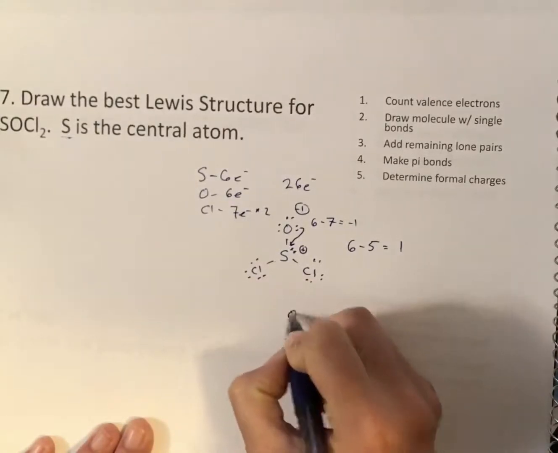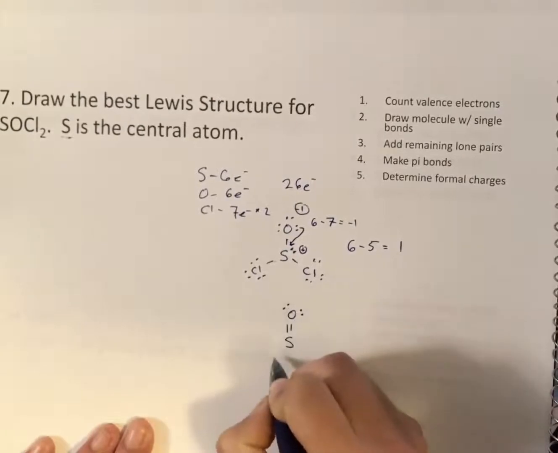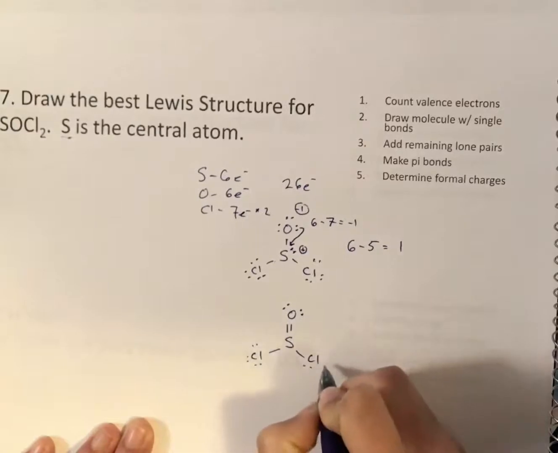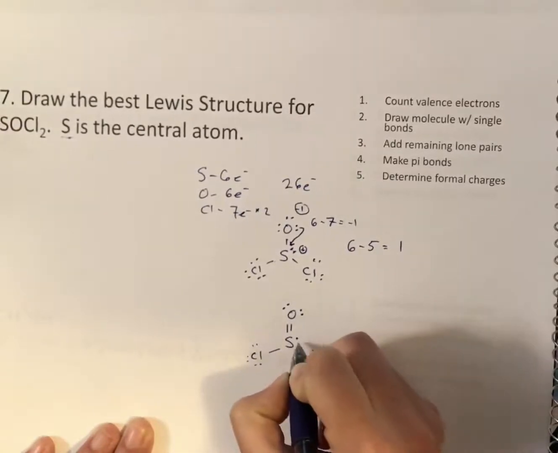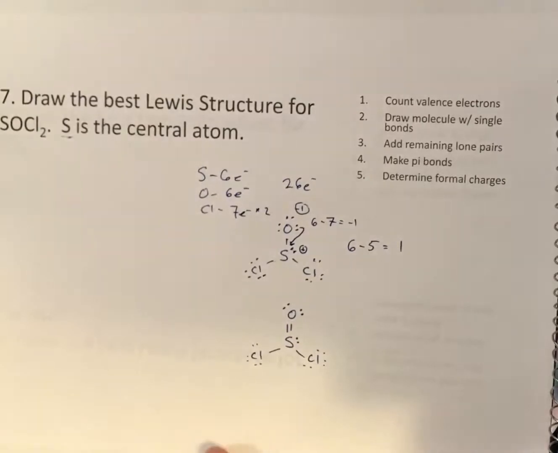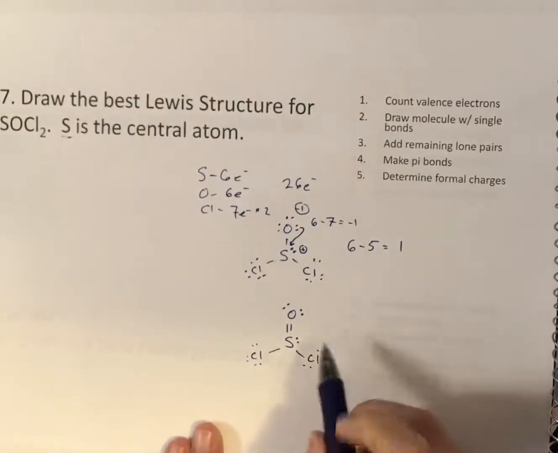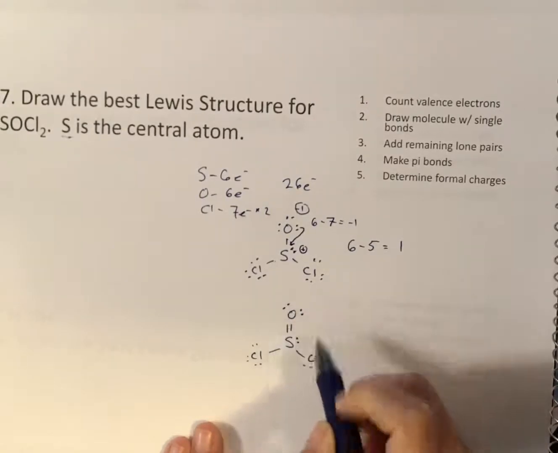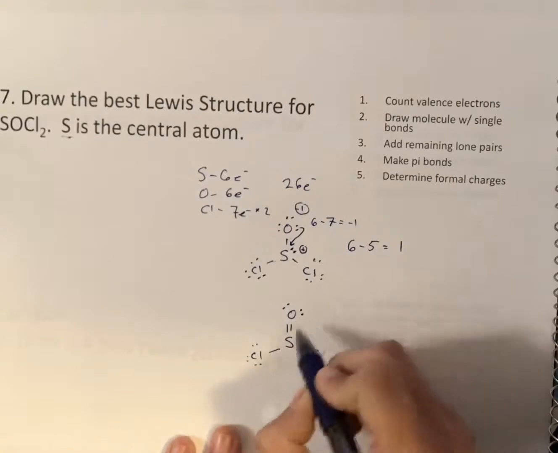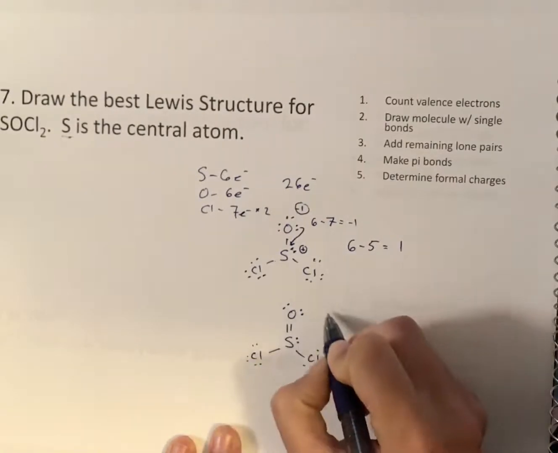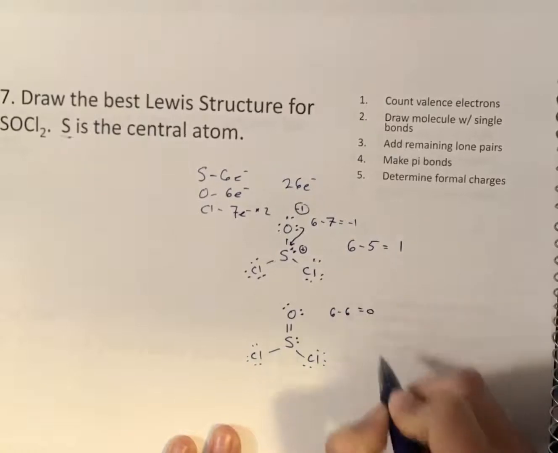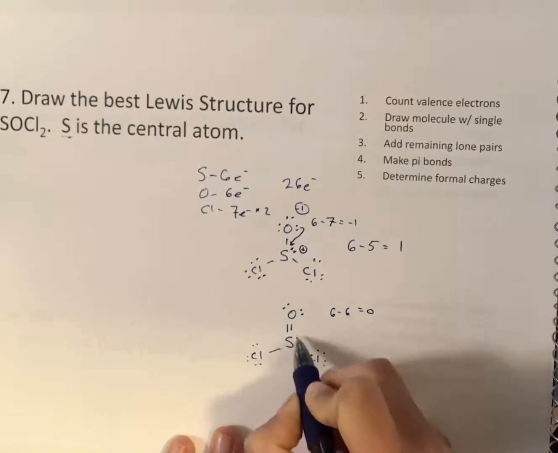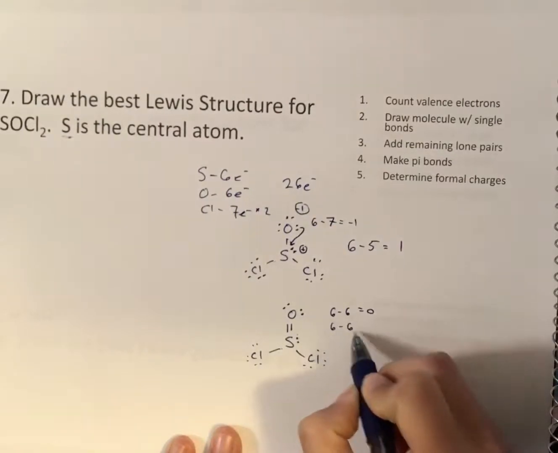We have a double bond with oxygen, and nothing has changed down here, but now we have this lone pair here. This oxygen is now happy because we have 1, 2, 3, 4, 5, 6 electrons associated with it, so 0 formal charge. The sulfur has 1, 2, 3, 4, 5, 6, so it also has 0 formal charge.